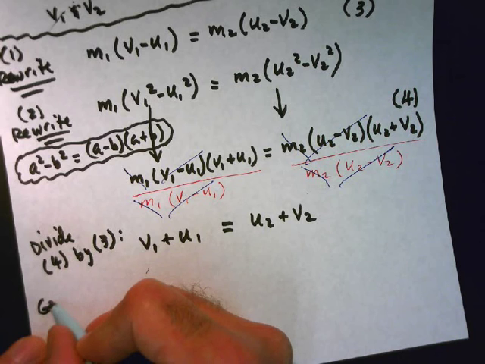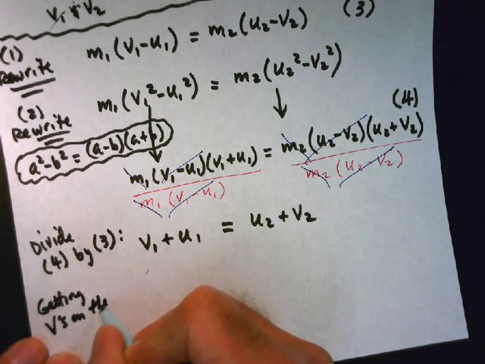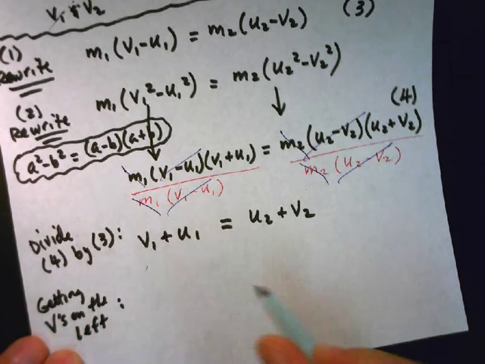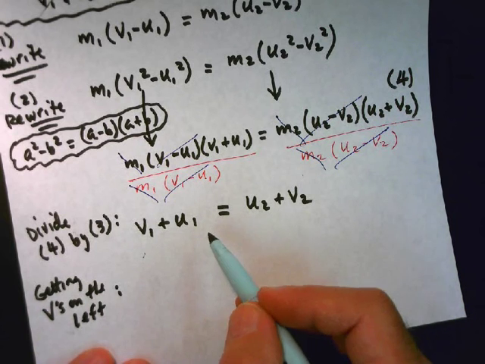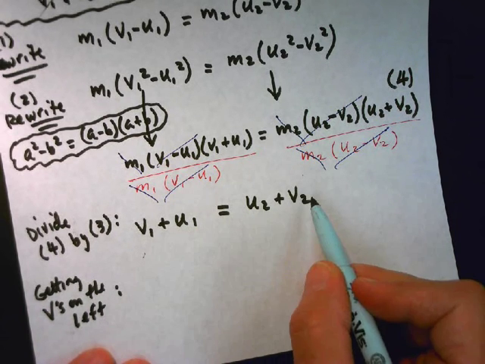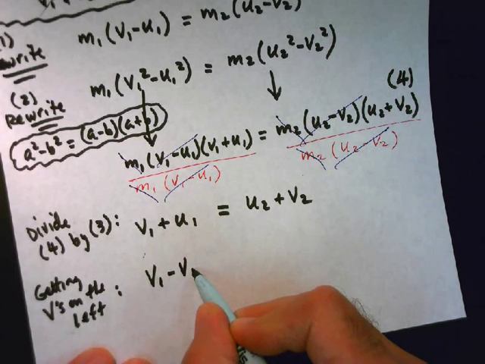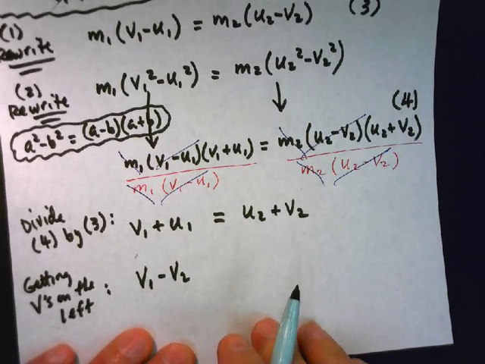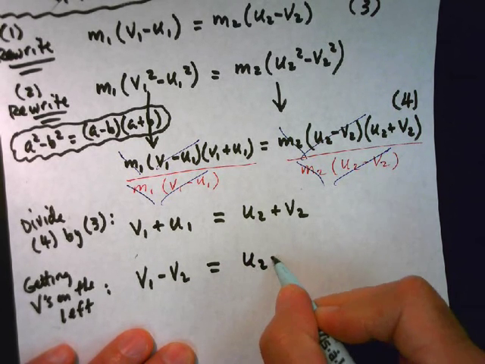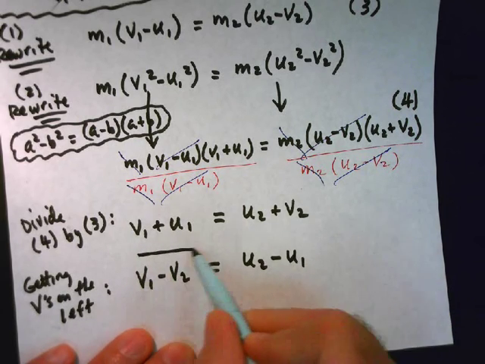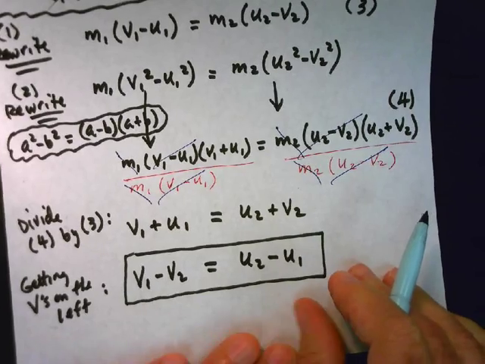So we'll just take this v2 here, subtract from both sides, and we'll take the u1 and subtract it from both sides, and we'll get v1 minus v2 equals u2 minus u1. And this, my friends, is a very useful theorem.